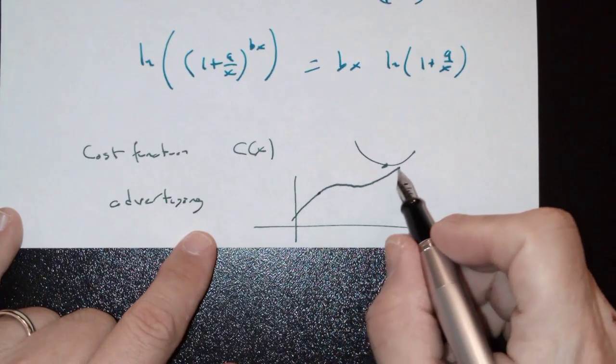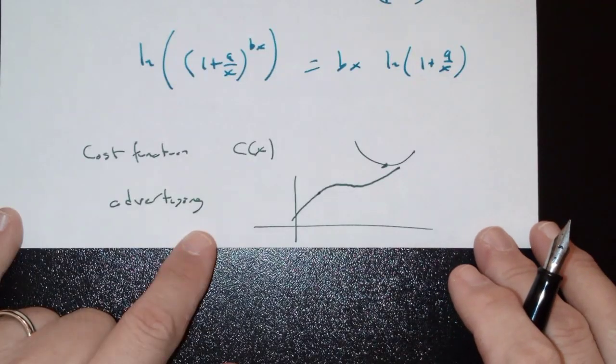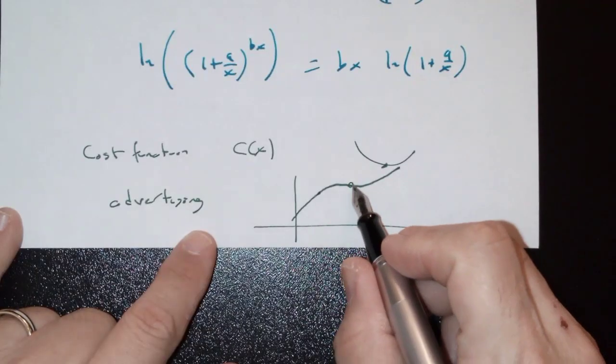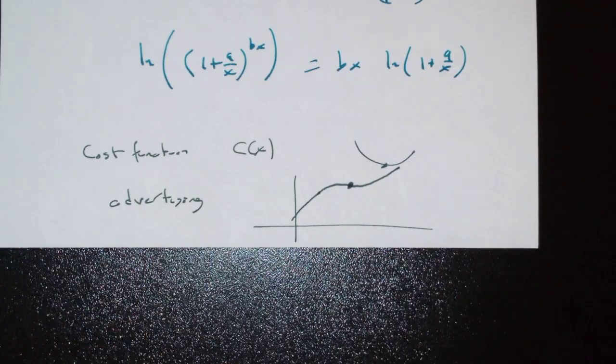But the more you spend, the more you'll bring in, right? At some point, each additional dollar spent brings in less than it did before. That's not a maximum or a minimum. That's a change in concavity.